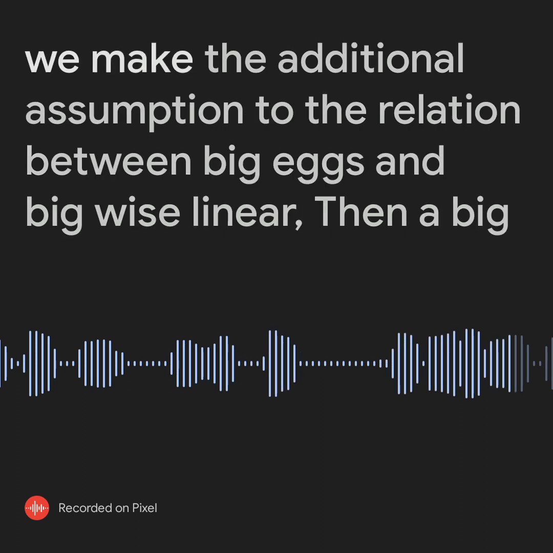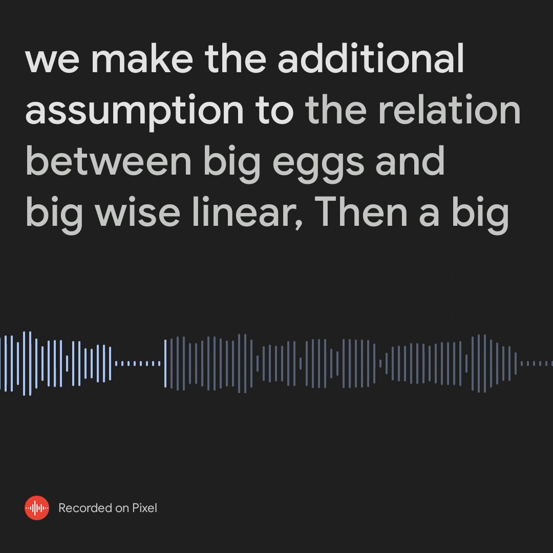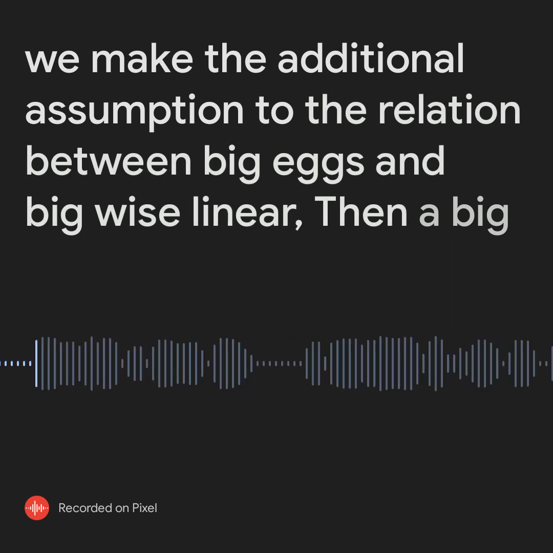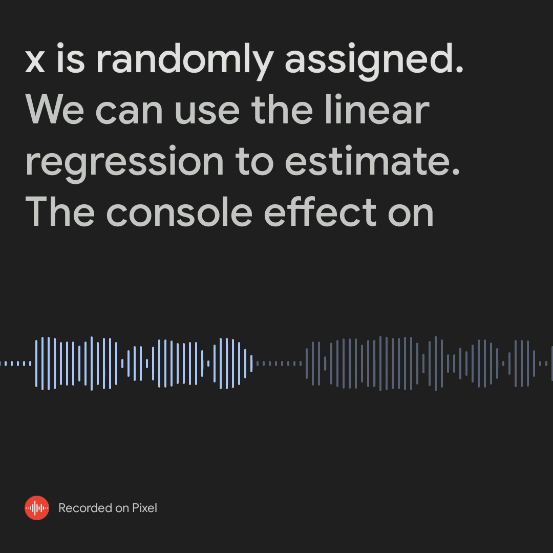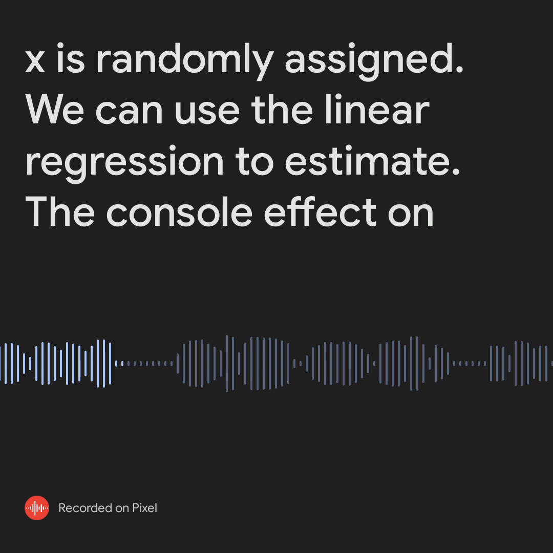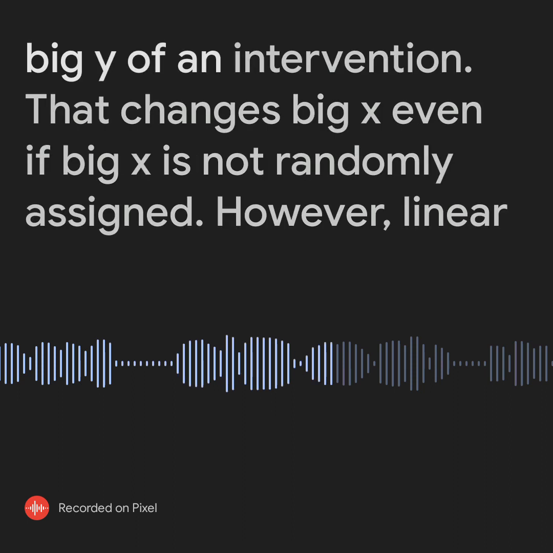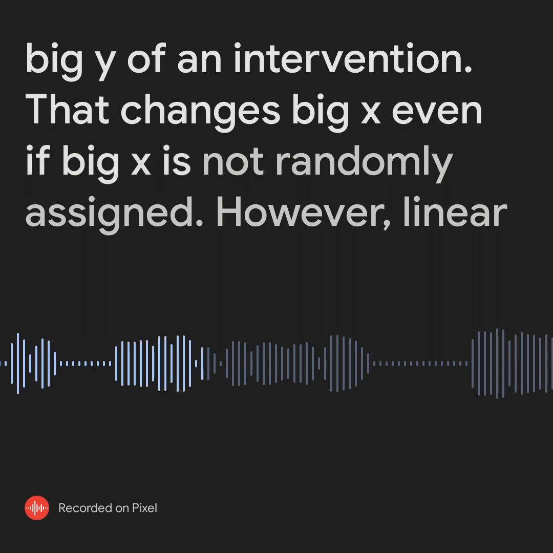If, however, we make the additional assumption that the relation between big X and big Y is linear, then if big X is randomly assigned, we can use linear regression to estimate the causal effect on big Y of an intervention that changes big X, even if big X is not randomly assigned.